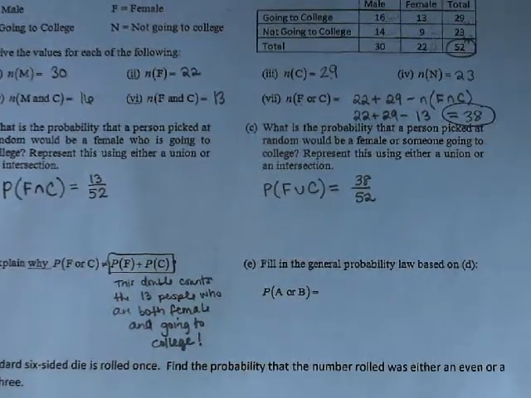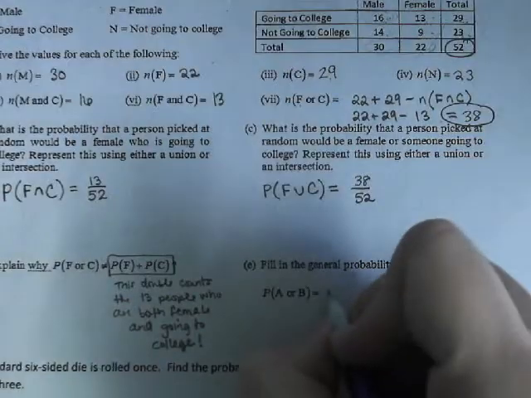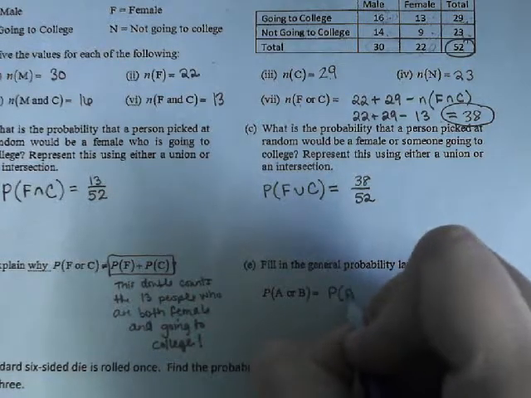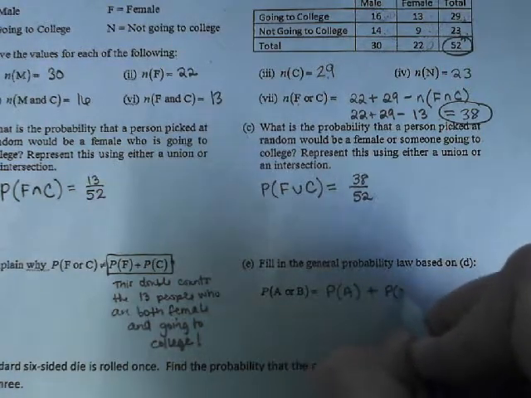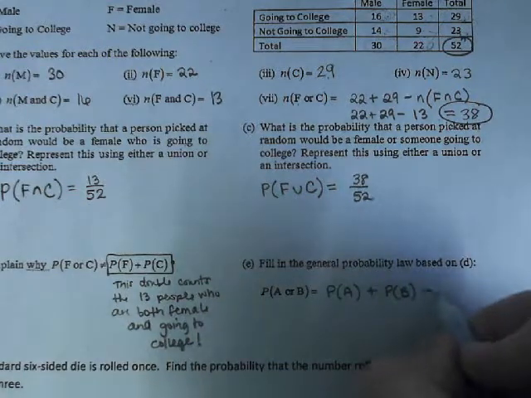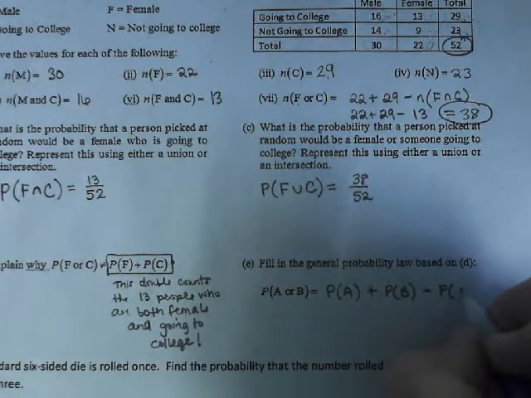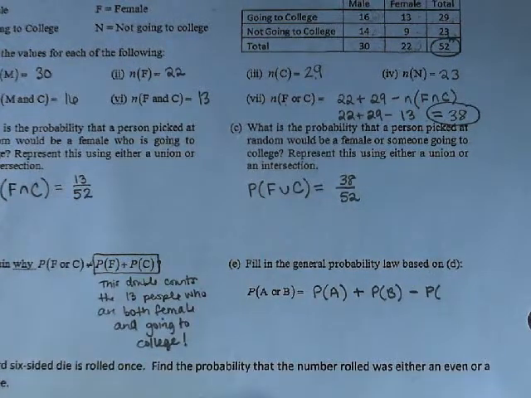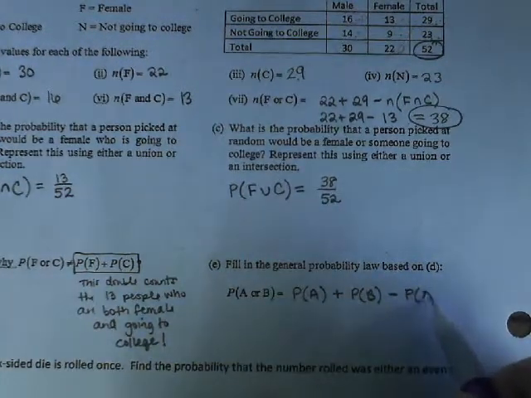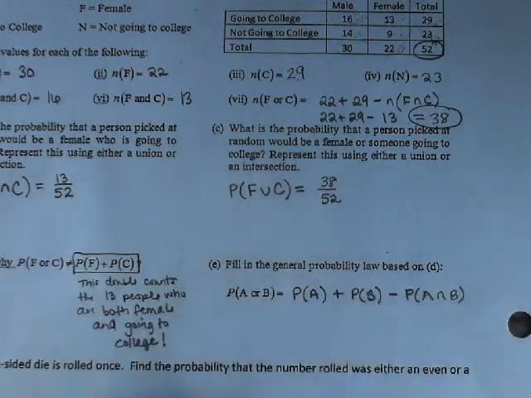So the general probability rule, law, I would say, that we've talked about over the past couple days, we'll just fill it in. If you want "or" probability, we need the probability of the first event plus the probability of the second event minus the probability of, and on the first day we wrote "both," but here, because we're using a little more mature notation now that we know it, I'm going to subtract the probability of the intersection.